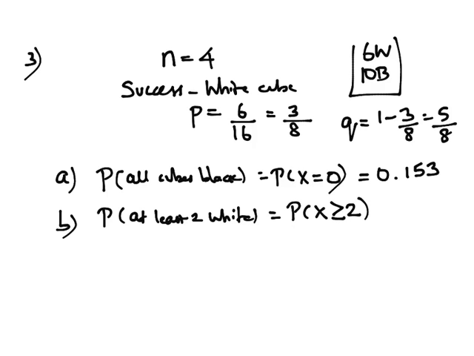But when we use BCD we can only get from 0: 0 1 2, or 0 1 2 3, or 0 1 2 3 4. So I can write this as 1 minus P of x less than or equal to 1. Either you find 2, 3 and 4, or you find 0 and 1 and add them and subtract from 1, you get the answer.